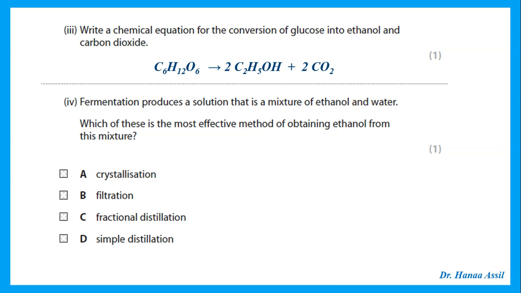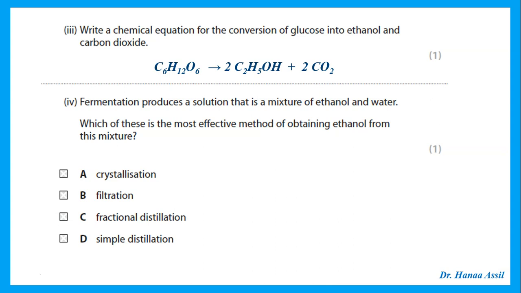You count the number of elements before the arrow and the number after the arrow, and you increase the one that is less. Okay? So before the arrow here, let's start with hydrogens, for example. We have 12 hydrogens. Now, after the arrow, we have hydrogens in the ethanol. Each ethanol has 6, so I need 2 in front of the ethanol to have 12 hydrogens. Before the arrow, I have 6 carbons. Now, once we put 2 in front of the ethanol, that's 4, so we need 2 more.